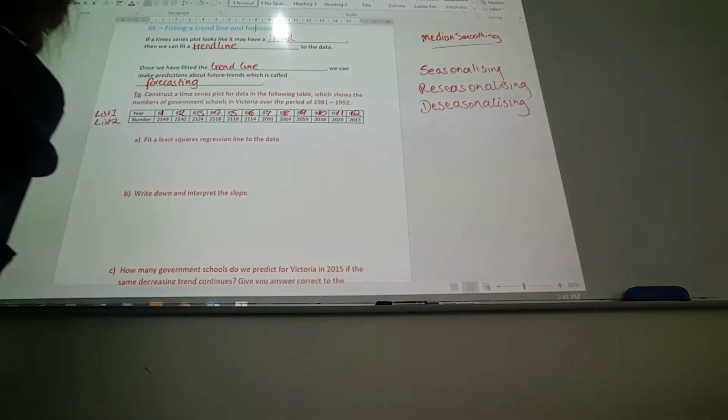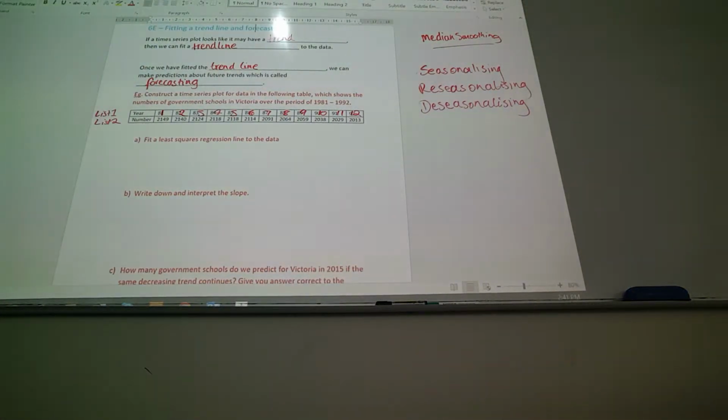So just construct a normal time series plot, your XY line plot, and then put a regression line on it as usual. Is it Y equals AX plus B?